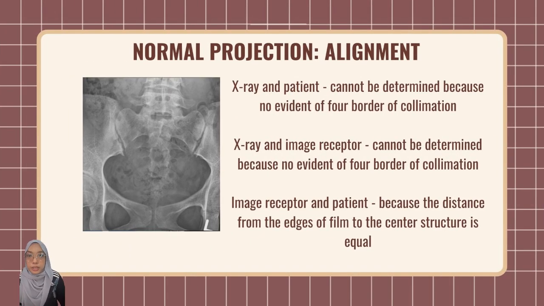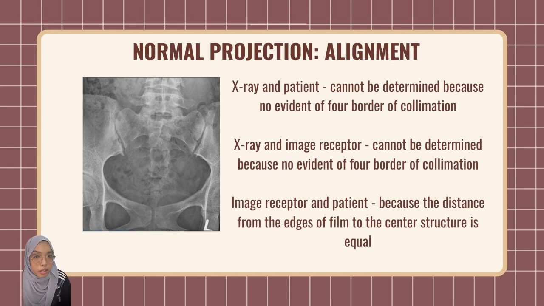Now moving forward to alignment of the part placement. For alignment, there are 3 things you should know: X-ray tube to patient, X-ray tube to IR, and IR to patient. In this radiograph, X-ray tube to patient we cannot determine because there is no forward border of the collimation, and the same goes for X-ray tube to IR.